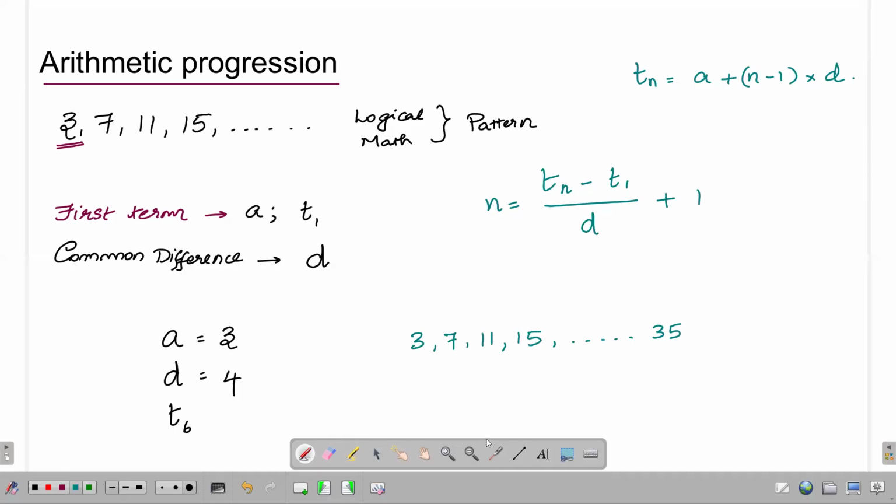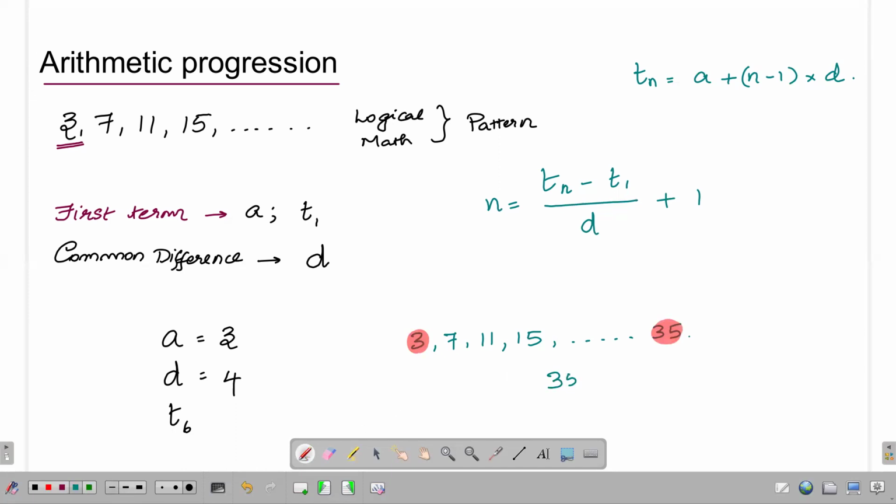Yes, 35. So we can consider here 3, 7, 11, 15, etc., up to 35. I want to find out how many terms are there in this progression. As per what I am considering, 35 is the last term, 3 is the first term, and the common difference is equal to 4.